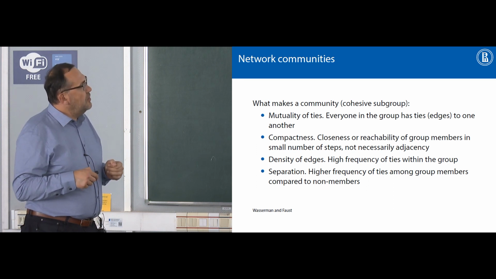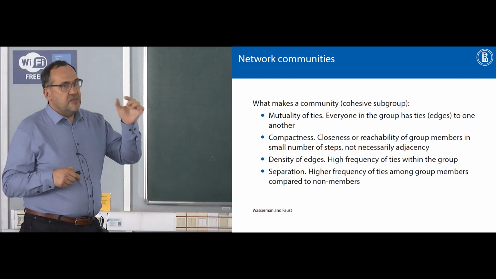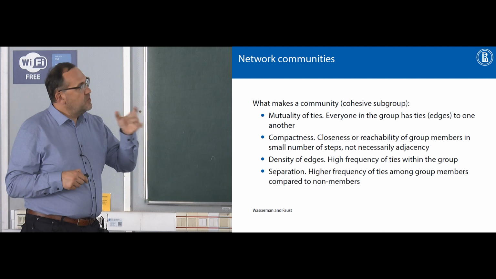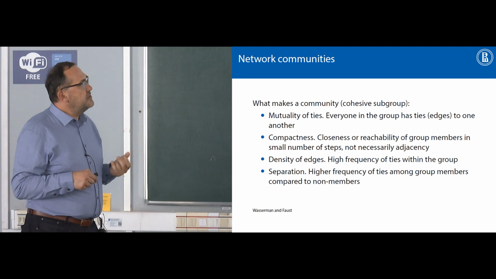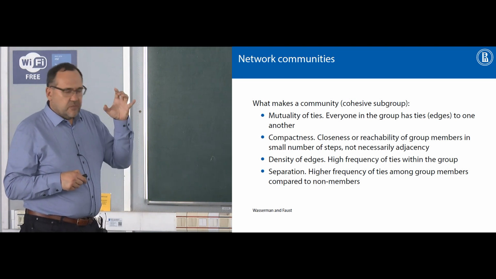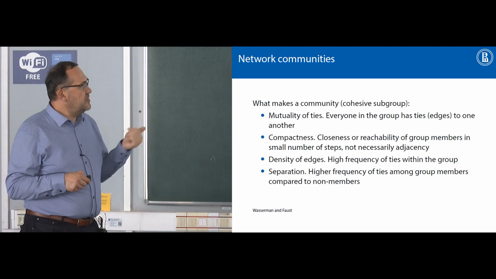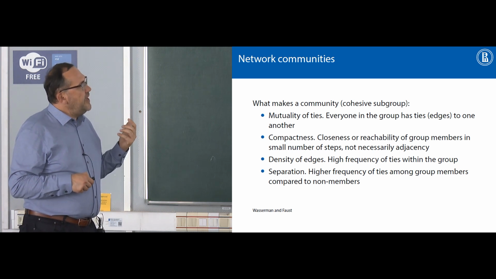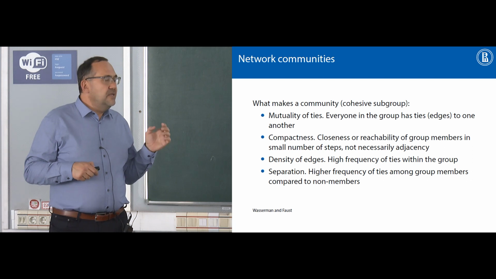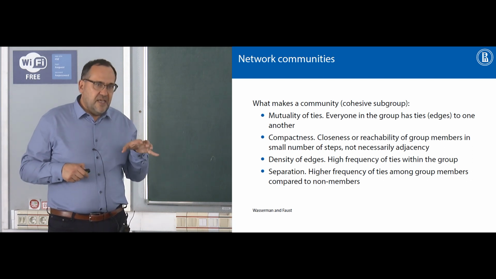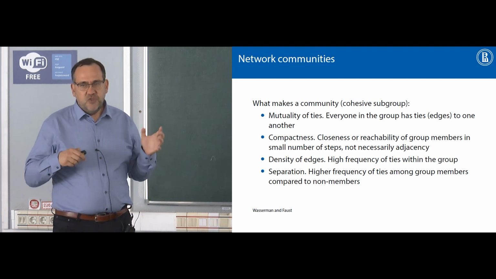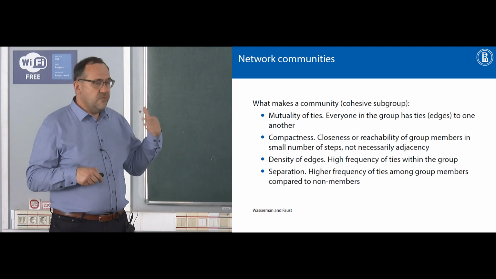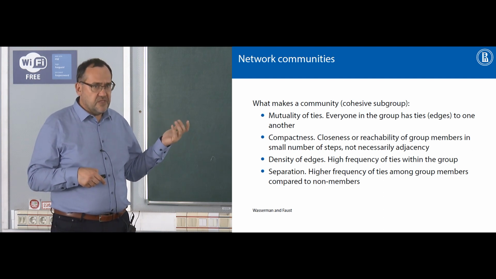The groups are very often compact, which means the nodes within the group are either directly connected or connected in a small number of steps, maybe in one node. But still there is a very small distance from any node within the cluster to any other node in the cluster. If you look at the edges, the local density within the group is typically much higher than the density in general in the graph. So it's a high frequency of ties within the group relative to the overall frequency of ties within the graph.